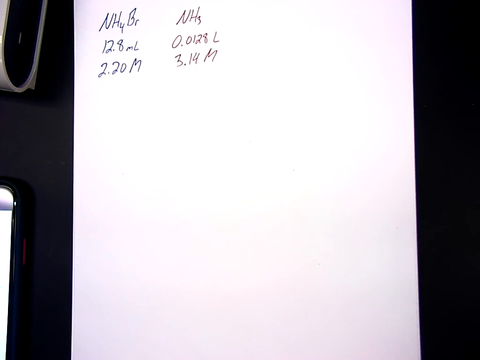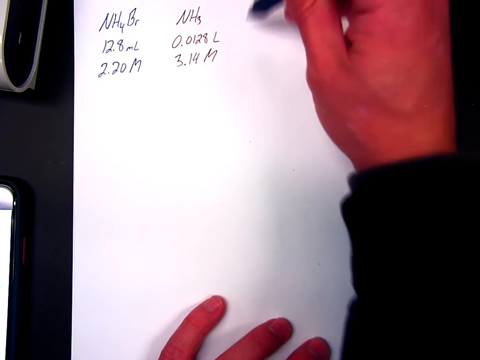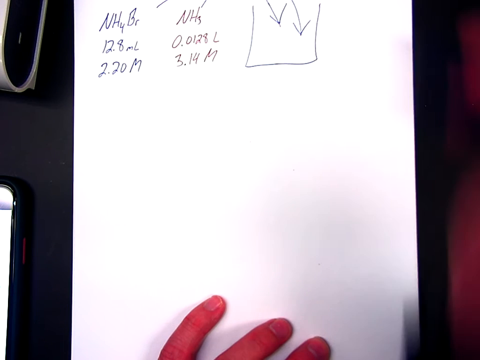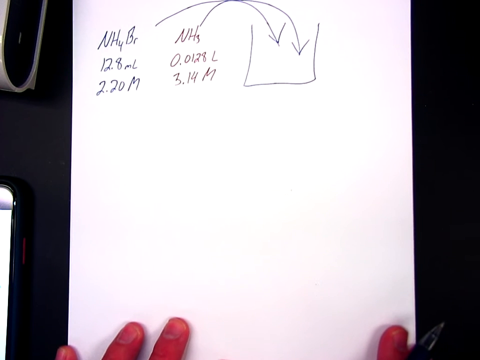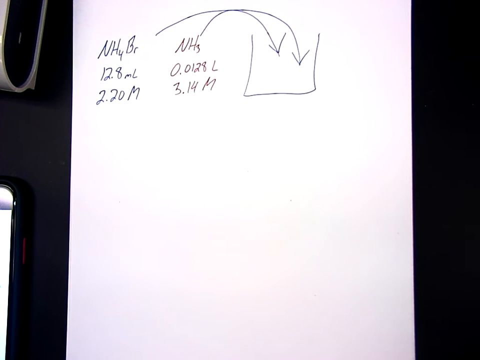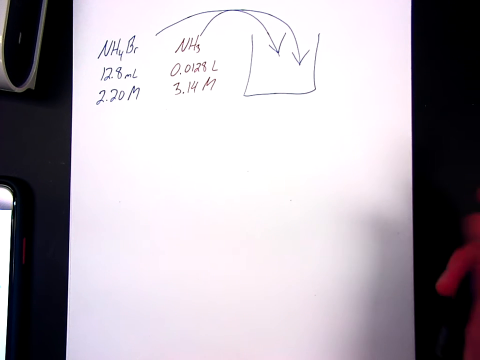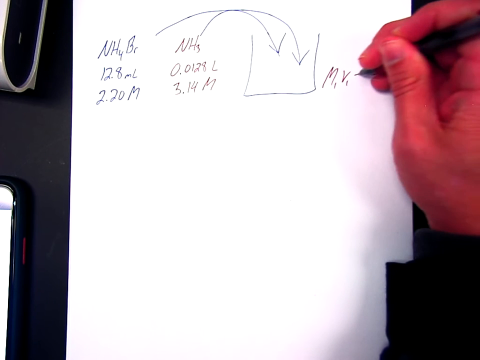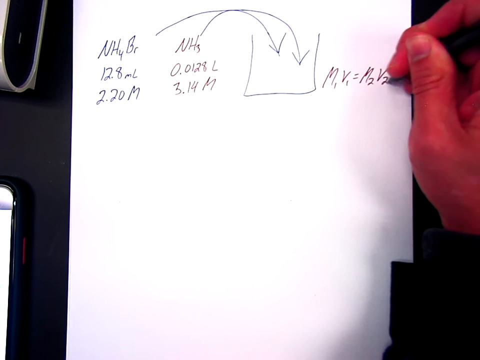So what I want to do is figure out, once they're both added into a beaker together, what the molarities are, because that's what would go into the Henderson-Hasselbalch equation. All right. So in order to do that, since they're mixing, we're going to dilute and use M1V1 equals M2V2.